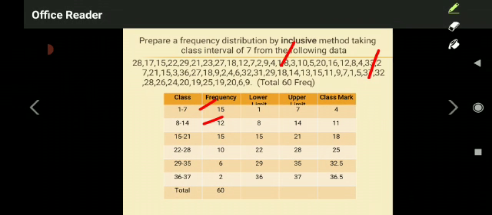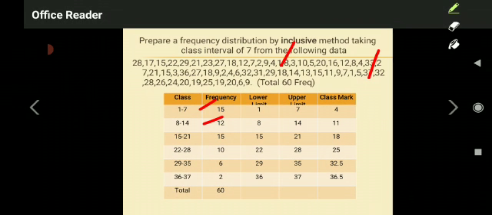Now coming to the second column, between 1 to 7, how many frequencies are there? You have to include 7 also in that. Between 1 to 7 there are 15 frequencies. Find out those frequencies. There are 15 frequencies between 1 to 7 in the inclusive method class interval.